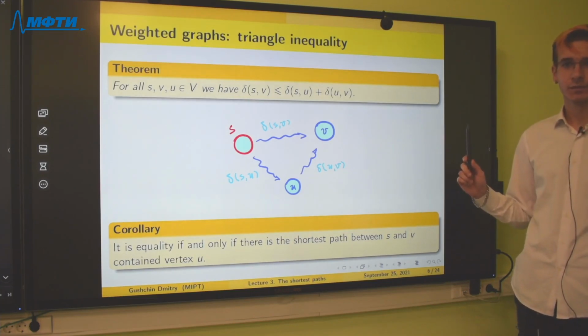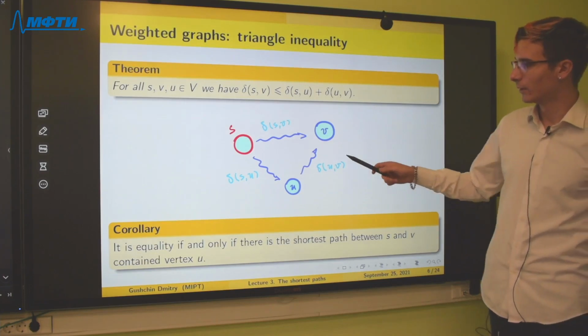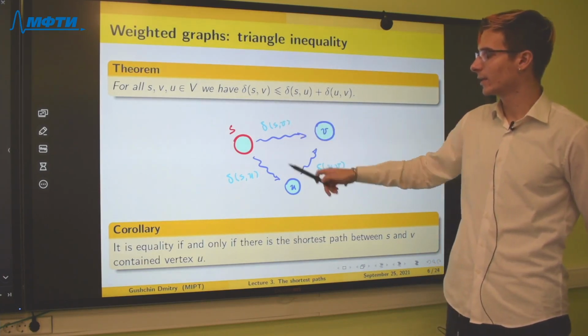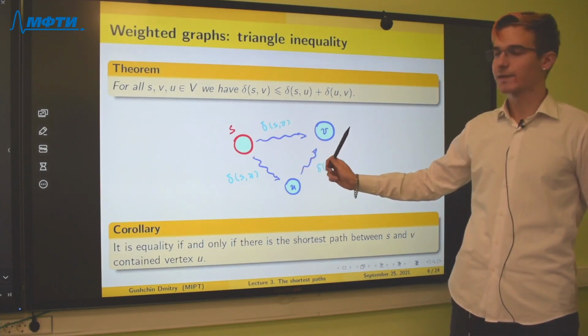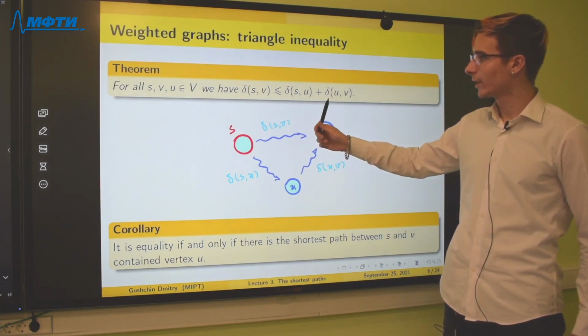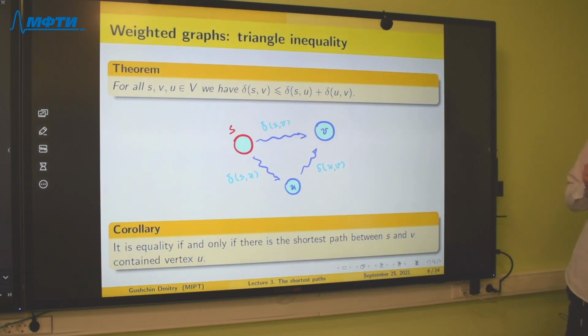Remember it? That if we have delta of S and V as the shortest path between S and V, we can say that there is the triangle inequality.